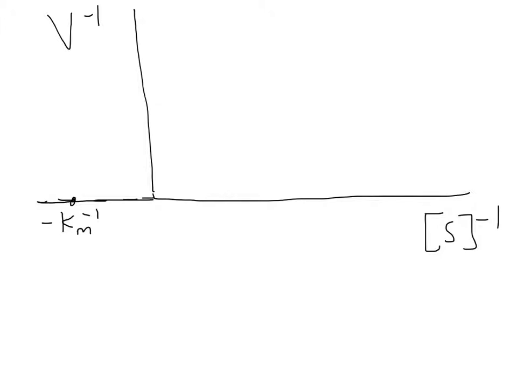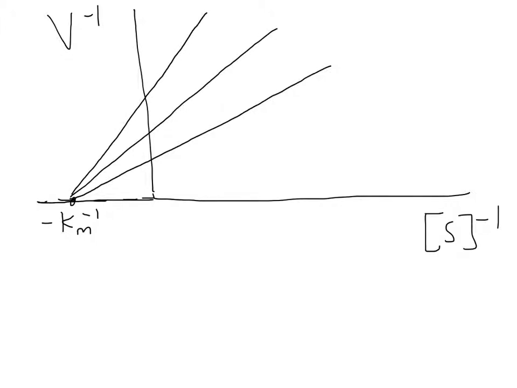However, both the slope and the y-intercept will change because the Vmax changes, and the Vmax is the intercept, so that will change, and that necessarily implies that the slope will change. Now let's think in what direction. So how this changes as we increase inhibitor concentration.